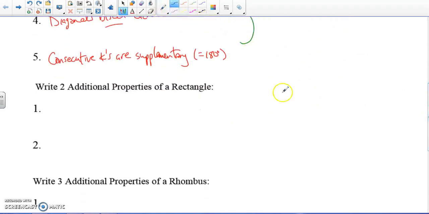All right, rectangle. If it helps, draw the picture. So the first thing we know about a rectangle is that all the angles are 90s. That should be an automatic one.